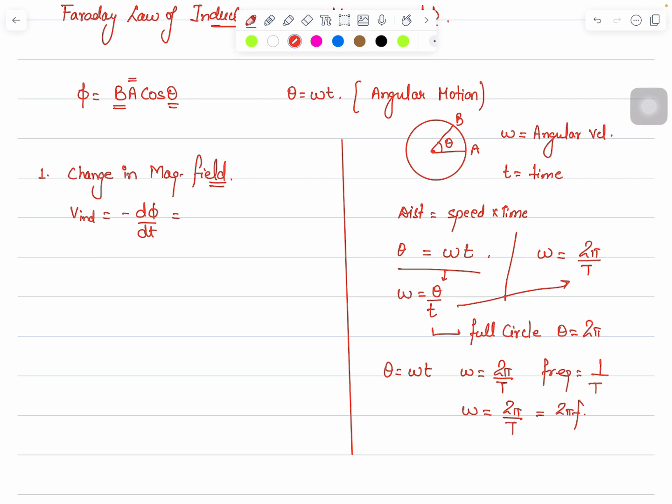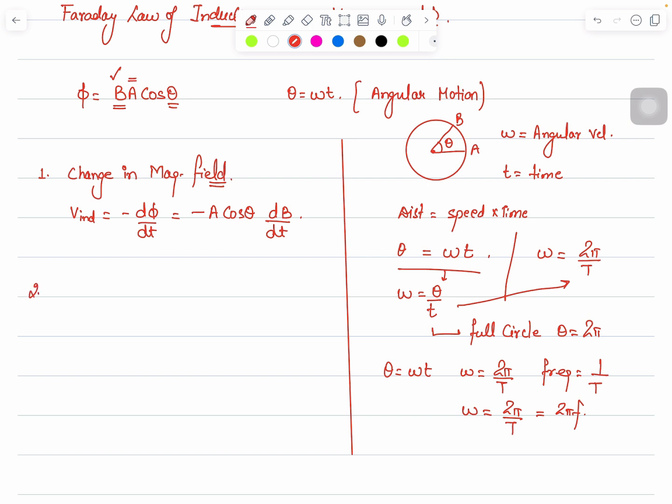Yes or no? Which factor is changing? Magnetic field. So keep that one aside. So A cos of theta, can I say dB divided by dt? Yes or no? Easy, because only one factor is changing.